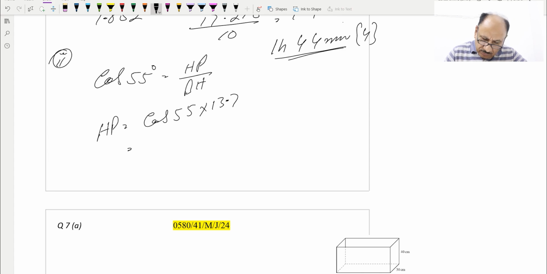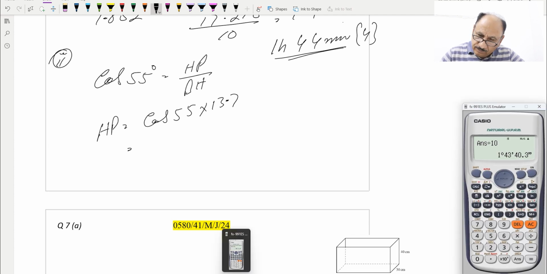So this will be equal to what? Cos of 55 multiplied by 13.7, let me check it again. 13.7 into cos of 55 is equal to 7.85.